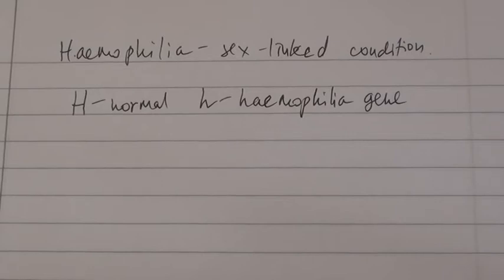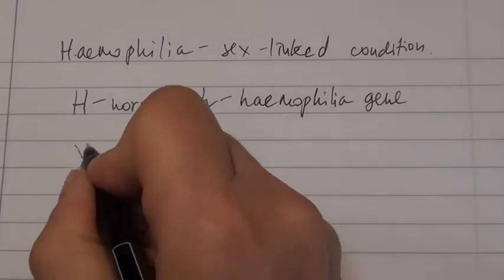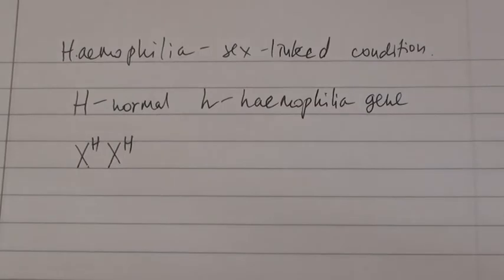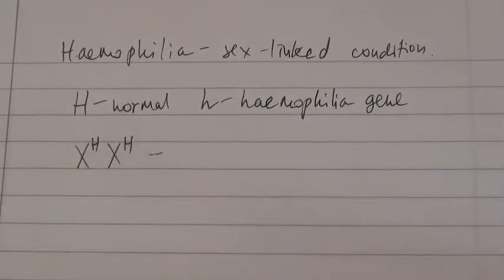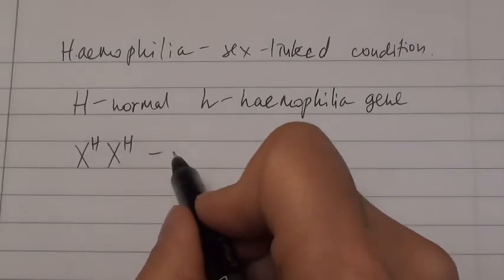So let's have a look at a couple of scenarios. Let's say we have a person with this selection of genes in their cells. You should be able to tell me quite a few things about this person. First of all, are they male or female? I've got two X chromosomes. You remember in the previous set of notes, I said that that was a female.